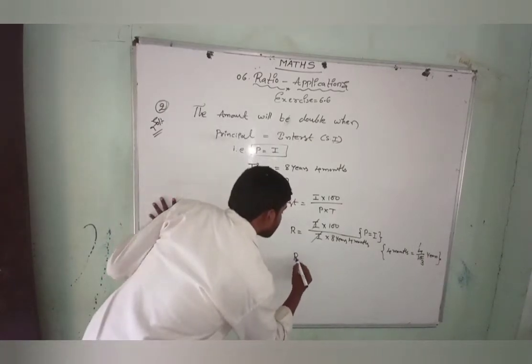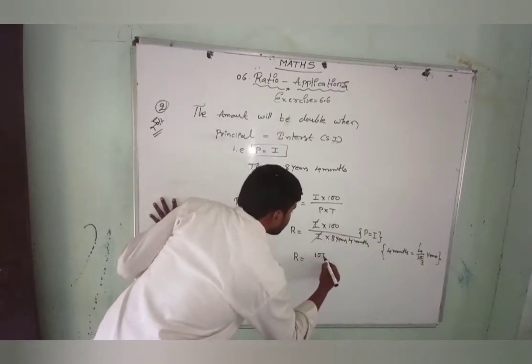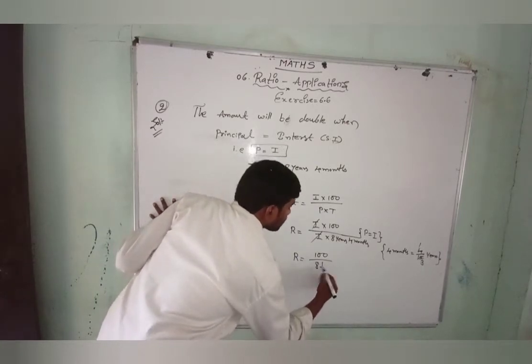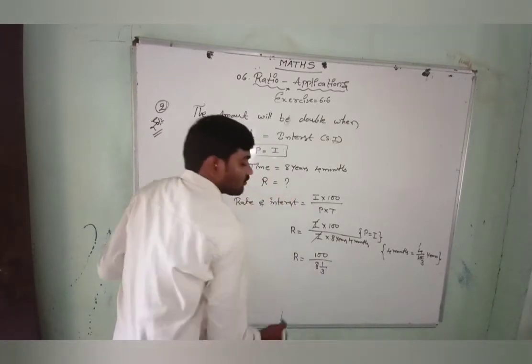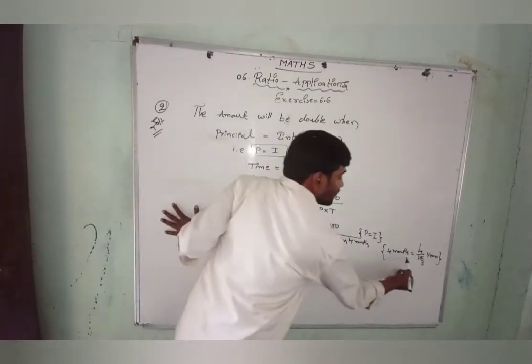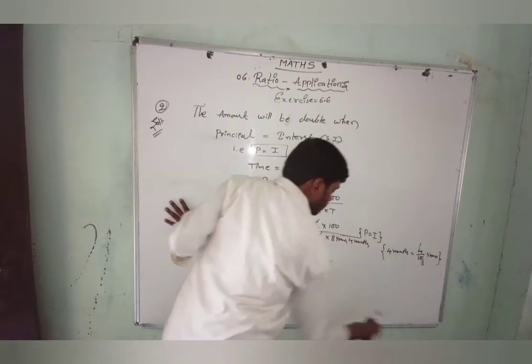So R equal to 100 by, here it comes like 8 whole 1 by 3. Because these 4 months become 1 by 3. Why? The 4 months become 4 by 12, that equals 1 by 3.